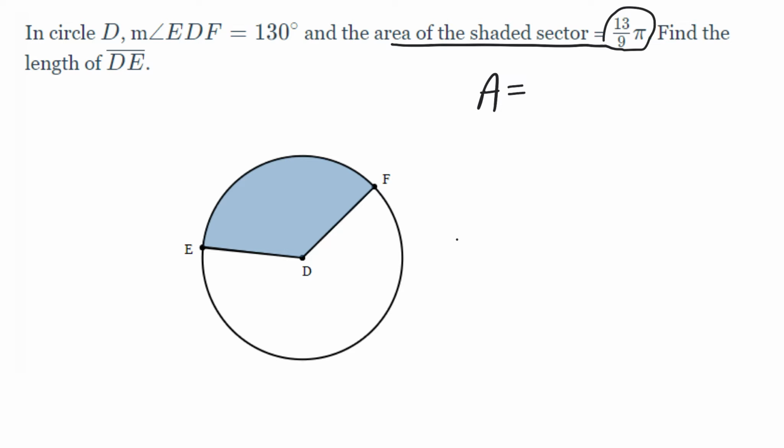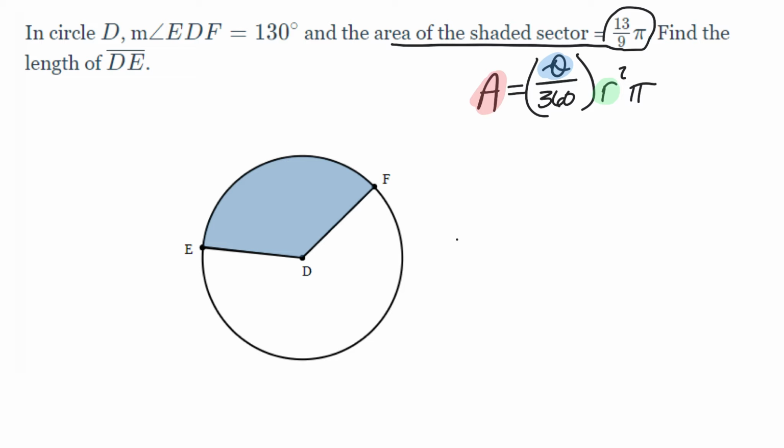The area of the sector is equal to the angle measurement divided by 360 times the radius squared times pi. So there are 3 parts to this that are involved: the area, the angle measurement, and the radius. The other parts are unchanging.